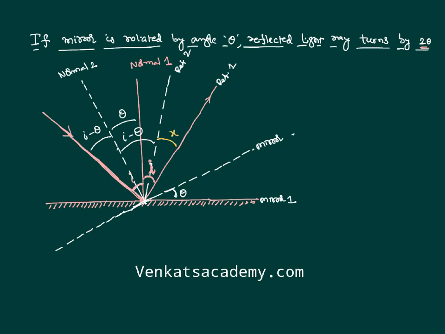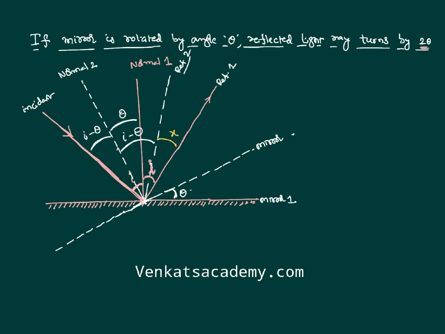As the mirror is turned by theta, the normal is also turned by theta. Thus, as the incident light ray remains the same, because I am not changing the object, with the new normal the same incident light ray makes an angle I minus theta. Therefore the angle of reflection changes, which means the reflected light ray also changes. This is our new reflected light ray. The angle between the new normal and the new reflected light ray is again I minus theta.